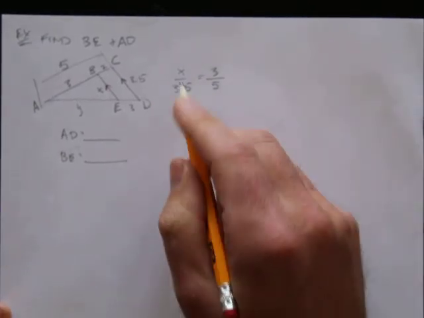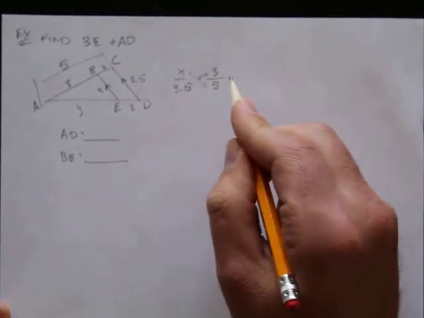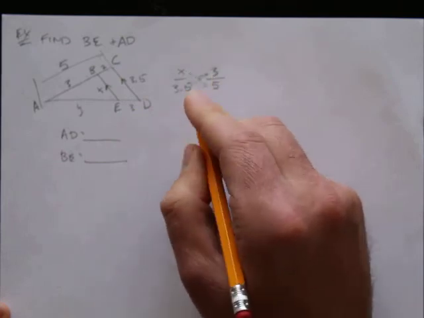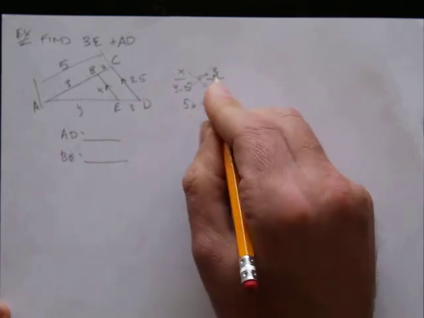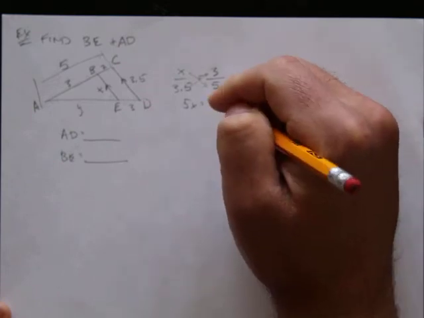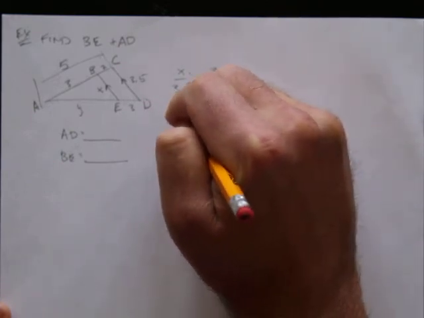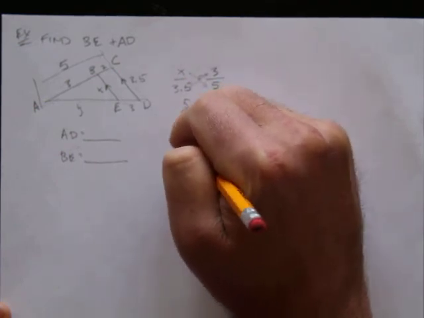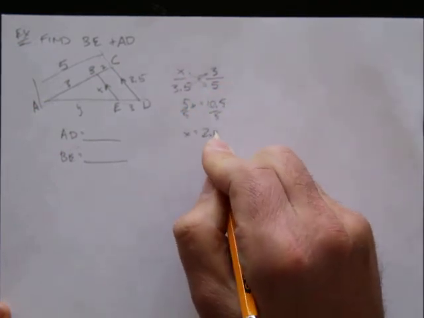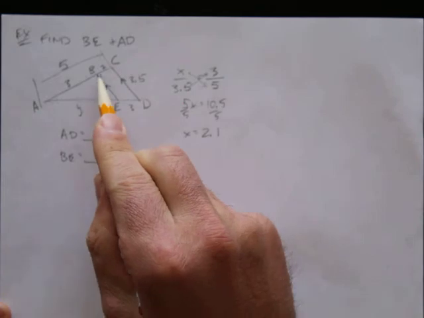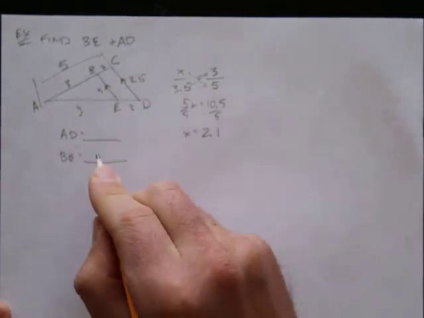So X times 5 is 5X, and 3 times 3.5 is 10.5. Divide by 5, X equals 2.1. So X, that one's BE, is 2.1.